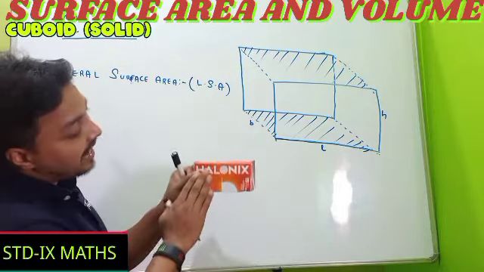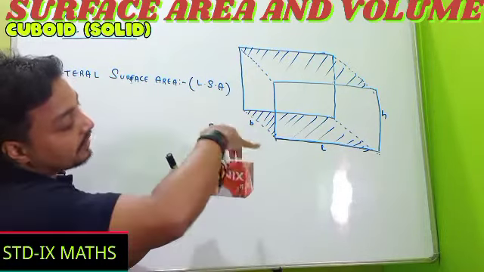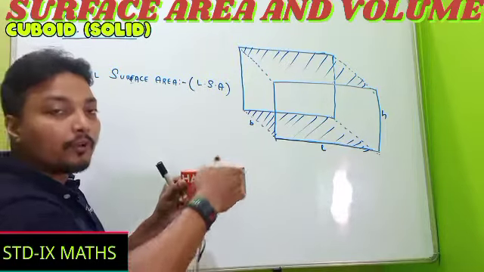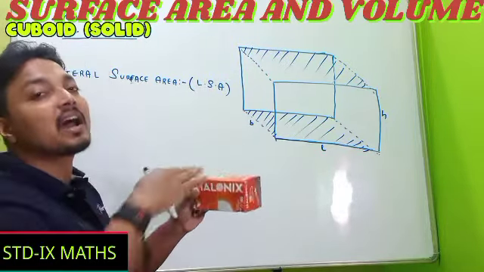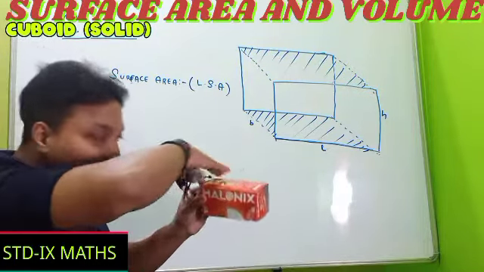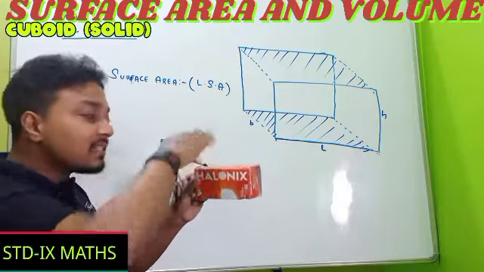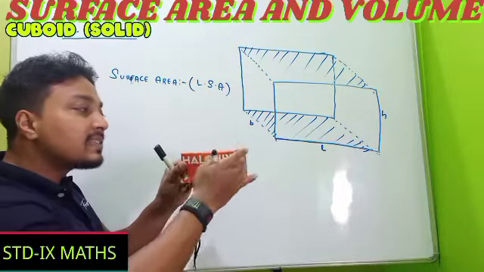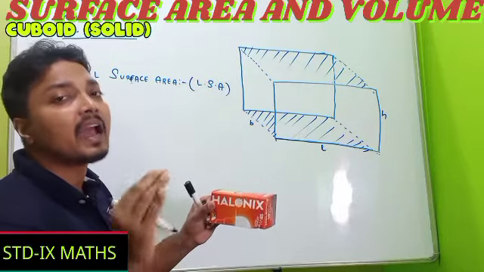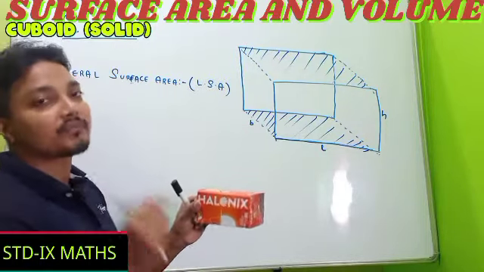So how many faces? 1, 2, 3, 4. Together the surfaces of the 4 faces are called our lateral surface, and its area means the sum of these areas, together we call it our lateral surface area.